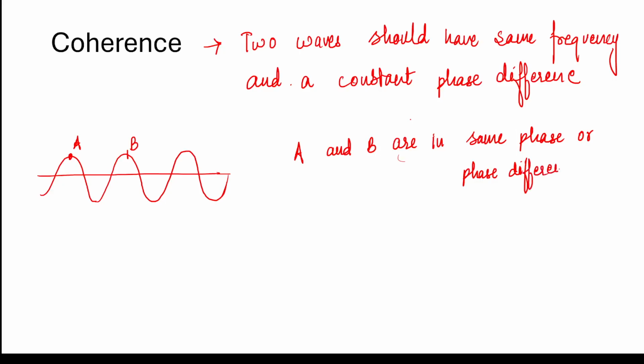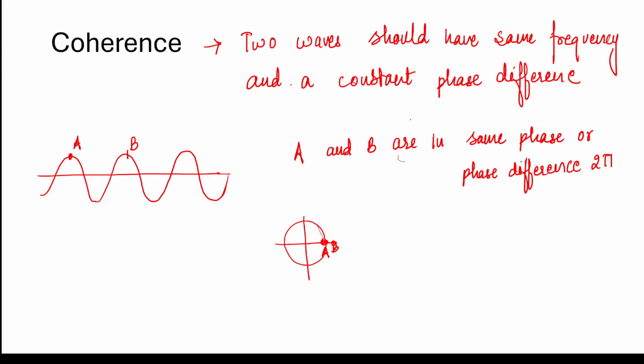Now, why are same phase and 2 pi the same? See, consider this. Let's say a point A and a point B. Point A was already there. Point B moved the whole circle and came to point A. So now A and B are at the same position on a circle.